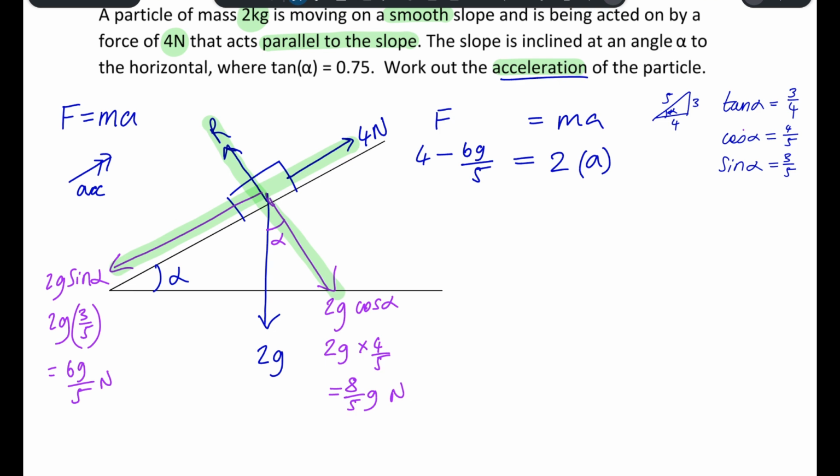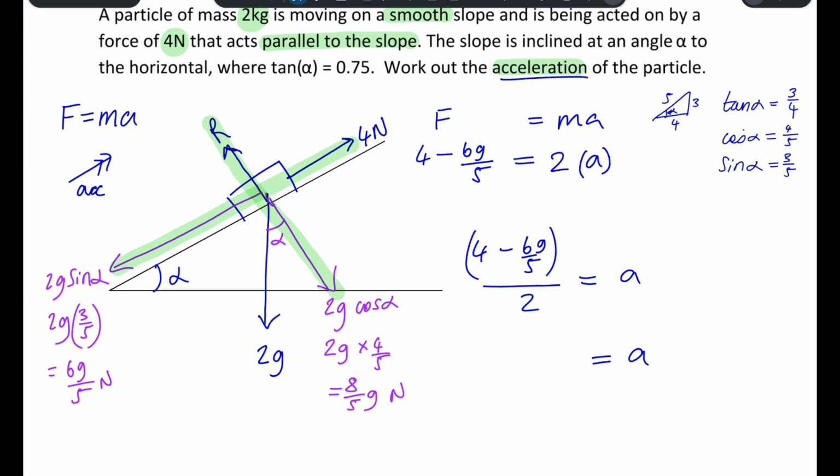So we're just going to rearrange this, and that's going to tidy up to give us our answer. So you put this in a calculator in this case. 4 take away 6/5 g, all divided by 2 is equal to a.